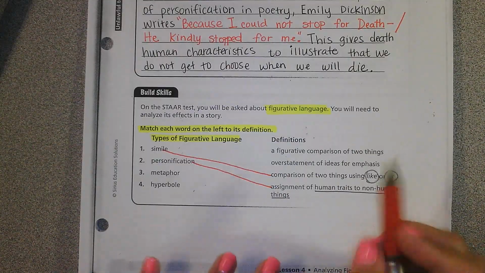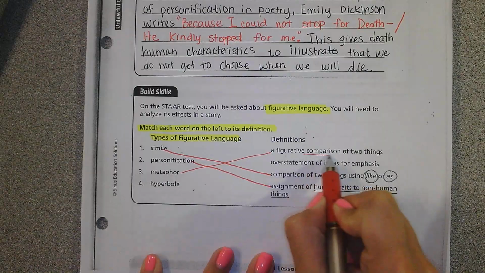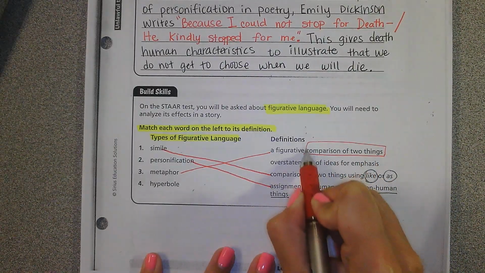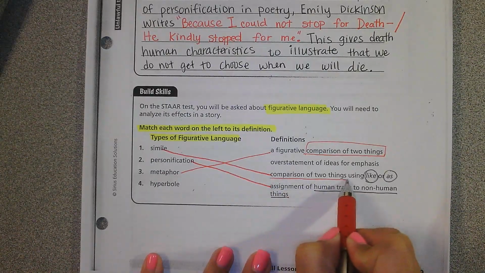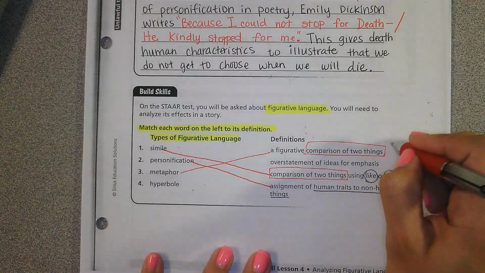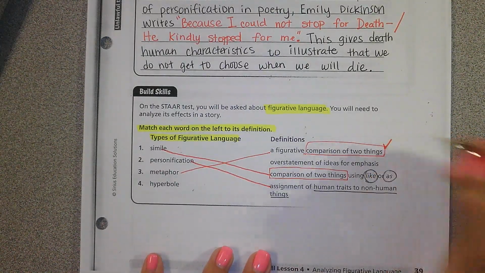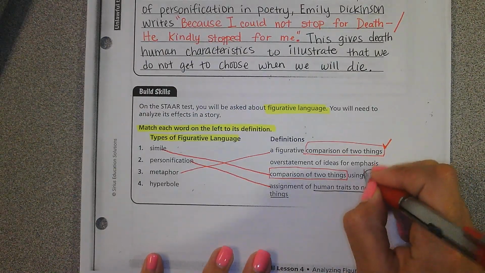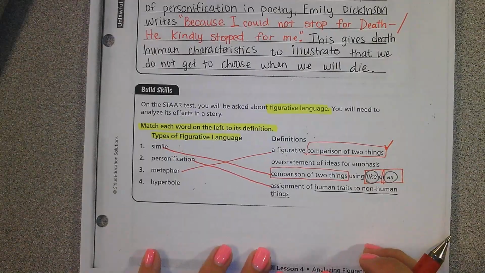If you said that a metaphor is a comparison of two things, then you are correct. Notice how a metaphor and a simile are almost exactly the same, but with a metaphor you can compare anything with anything, and with a simile you have to use the words like or as.